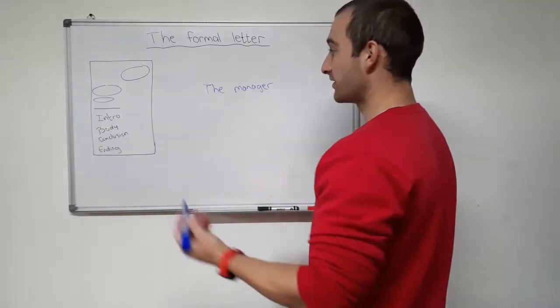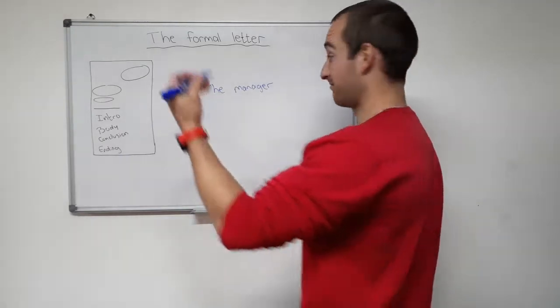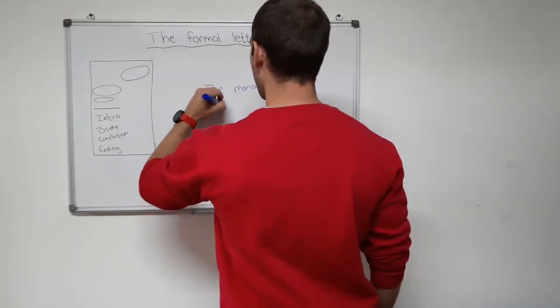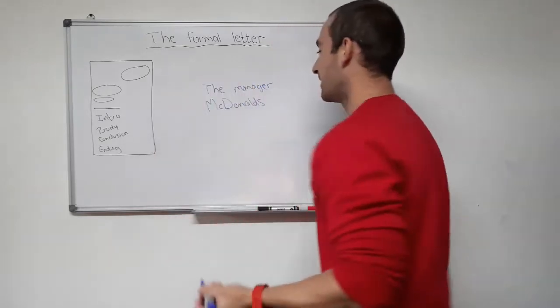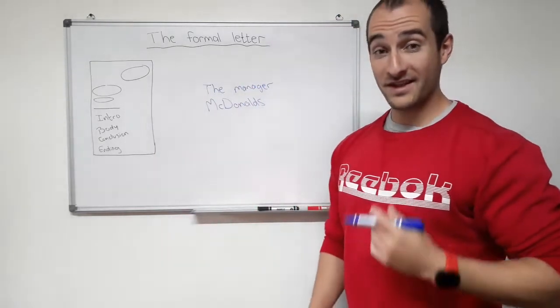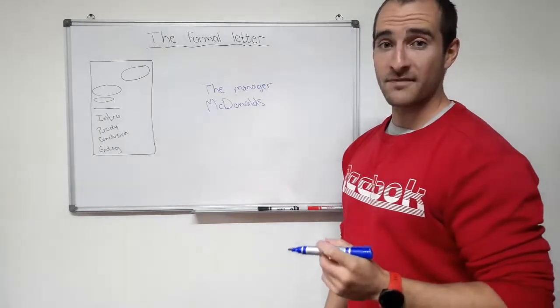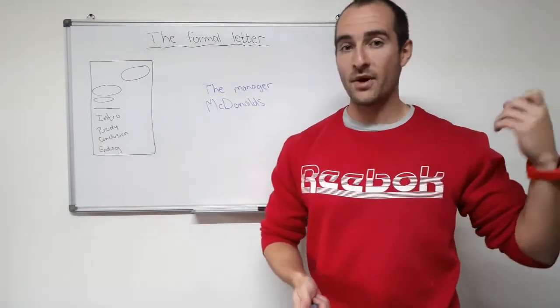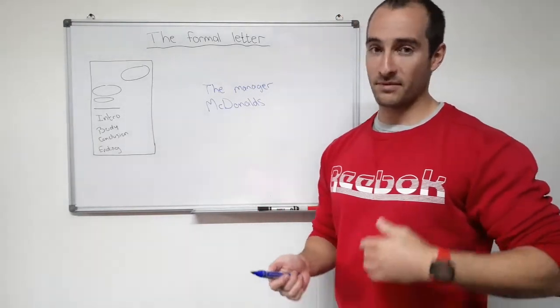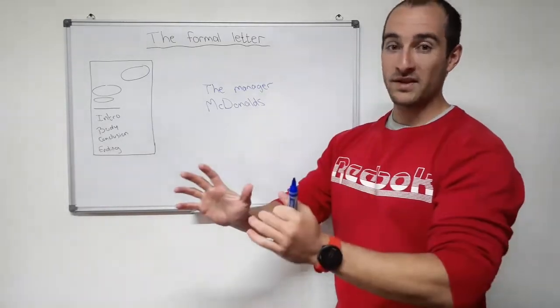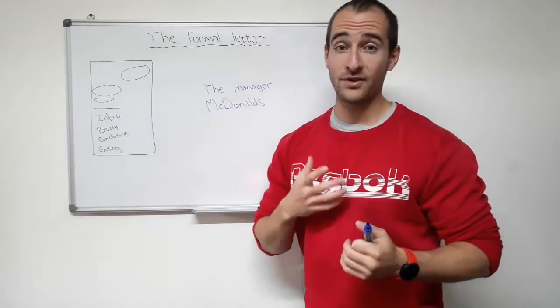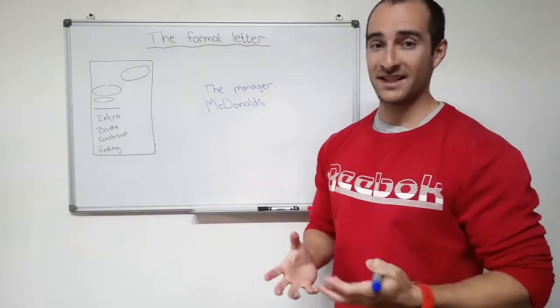So let's say they worked for, I don't know, McDonald's. Okay. There we go, McDonald's. Then the next thing is the PO box. PO box, it stands for post office box, or postal office box. So it refers to a place where the company, McDonald's, would go to if they want to get their letters.